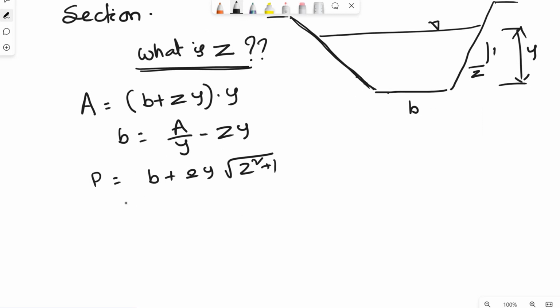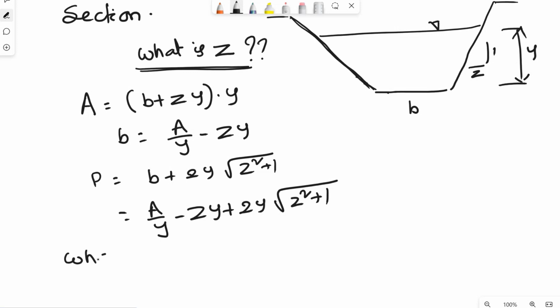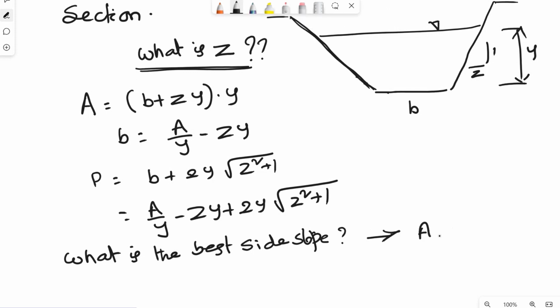So I substitute in that. If I substitute, this is A by y minus zy plus 2y into square root of z square plus 1. Now in such a case, when you want to find out the best side slope, right, then here A and Y are constants. Z is variable.